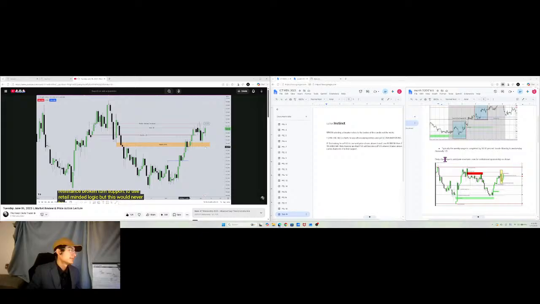But this would never be construed as that because it doesn't fit any of the type of thing that you would expect with retail support and resistance, nor does it meet the criteria for supply and demand.